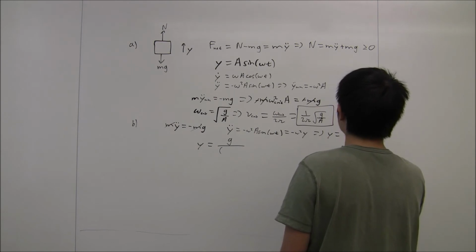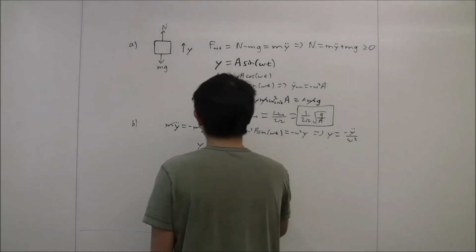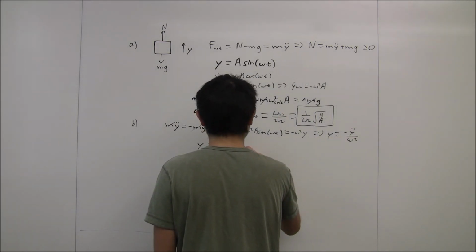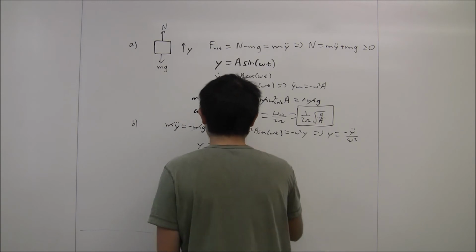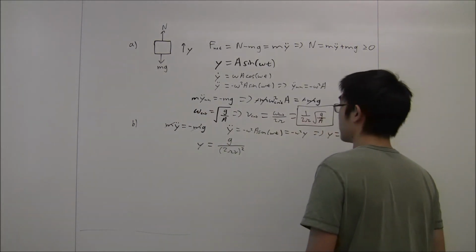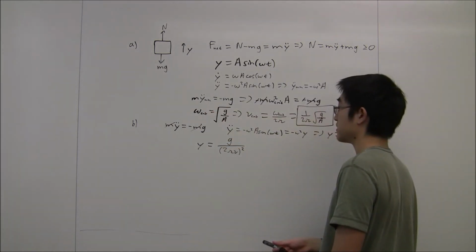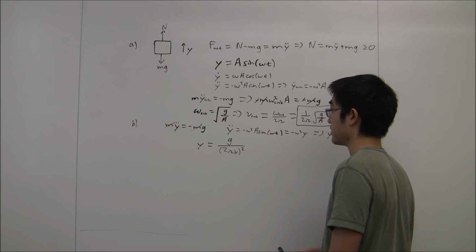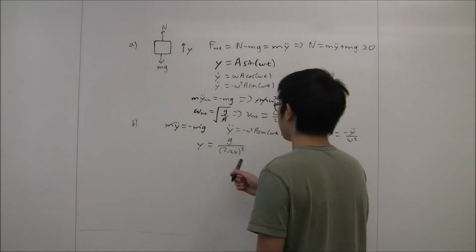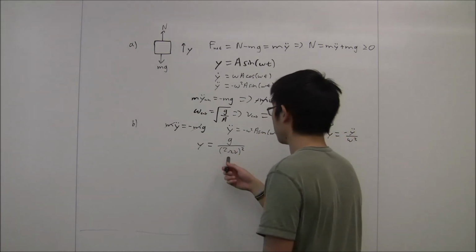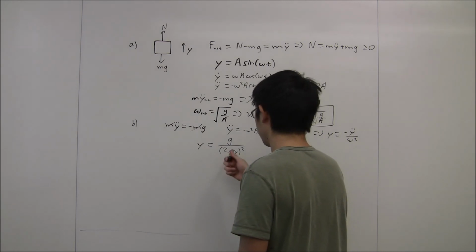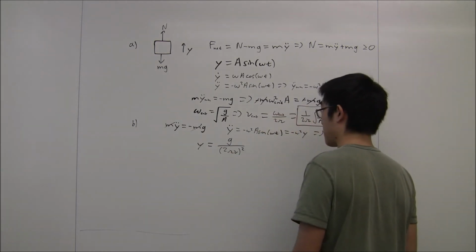And we know that omega is 2 pi times the frequency. So I have that y, the vertical distance at which the block leaves the platform, is given by g over (2 pi nu) all squared.